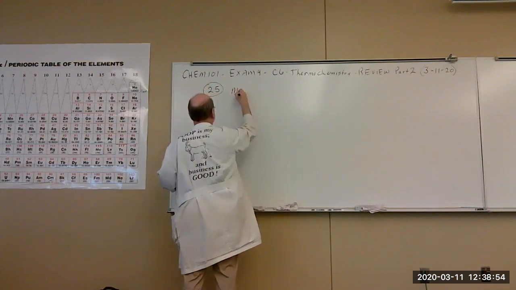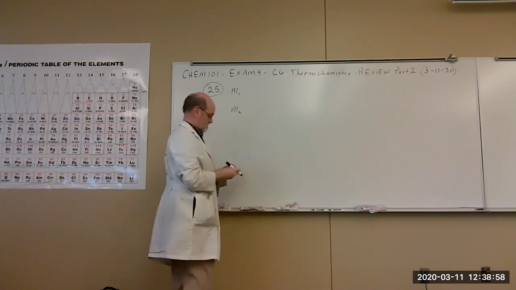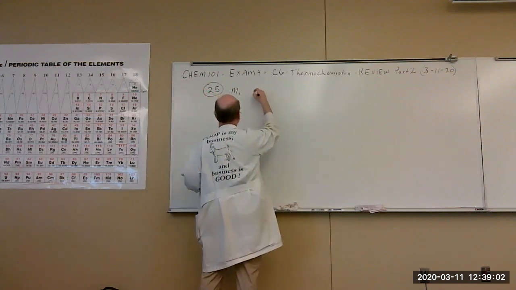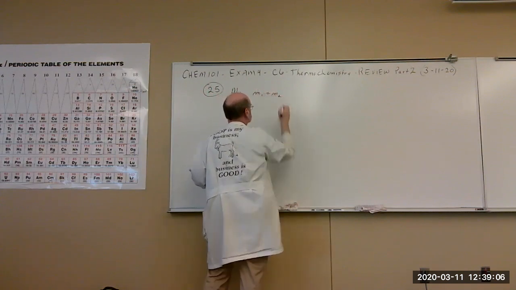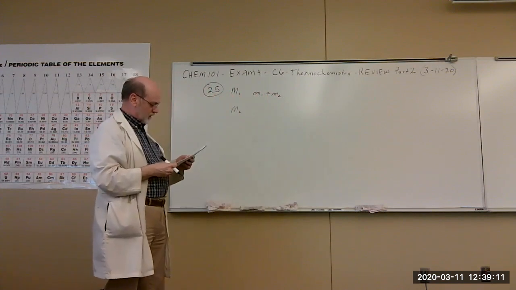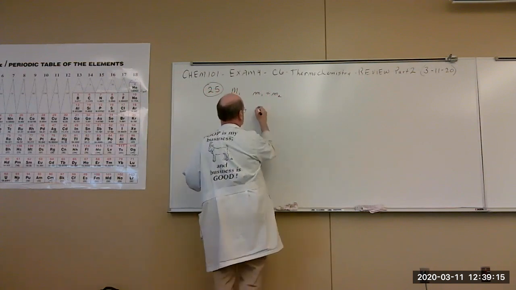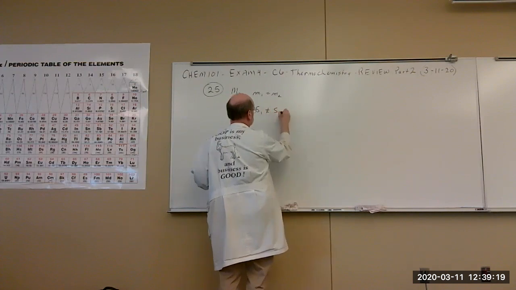So we have metal 1 and metal 2, and they have equal masses. Right? So M1 equals M2. Different heat capacities. All right. So S1 is not equal to S2.